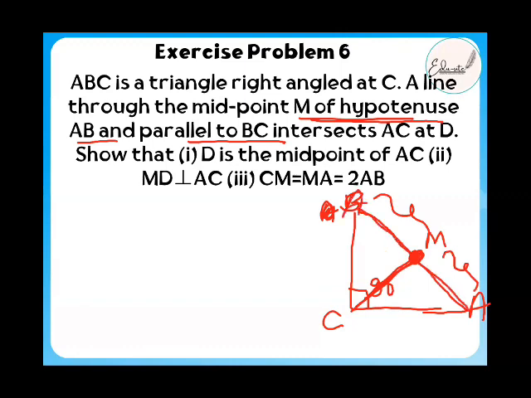You can write AB in this way as well. For AB, M is a midpoint. They have already told you, beta. Then they have said the line is parallel to BC. This line is parallel to BC. They have told you.